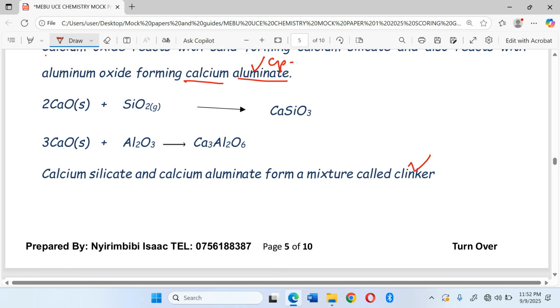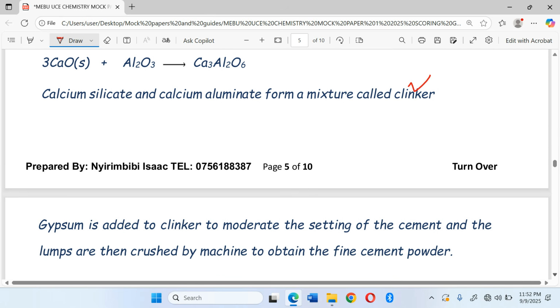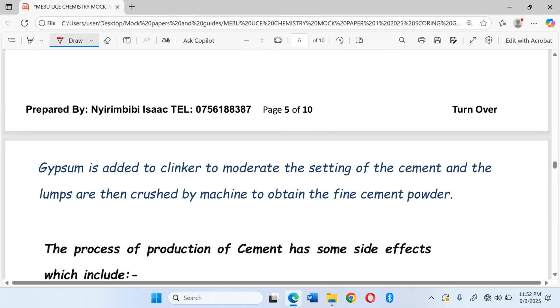Then the calcium silicate and calcium aluminate form a mixture called clinker. Okay, good. Then gypsum is added to the clinker to modulate the setting, and the lumps are then crushed by machine to obtain fine cement powder.